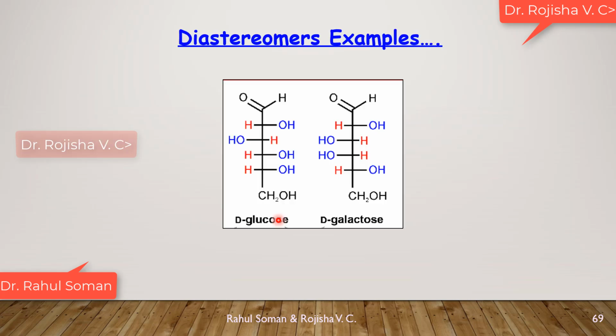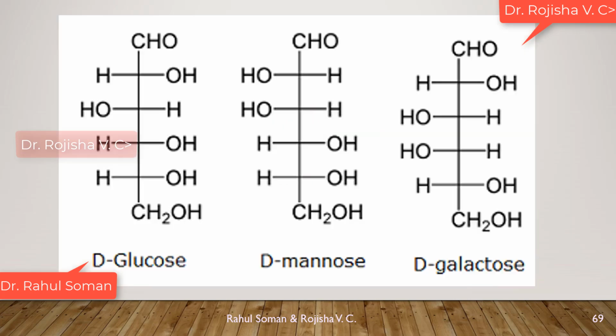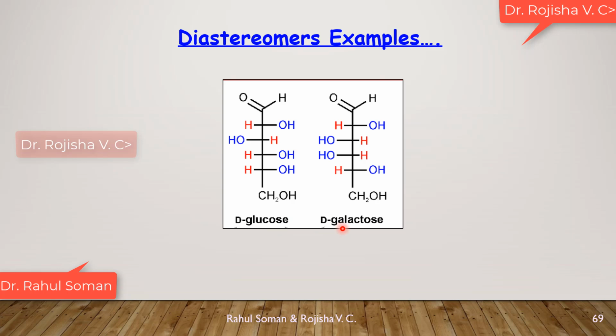Here we have D-glucose and D-galactose. These are diastereomers of each other. Actually, for glucose, there are three; D-mannose is also there, which we are not speaking of now. So D-glucose and D-galactose are diastereomers of each other. Glucose and galactose are not mirror images. You can look at the first carbon, not the second carbon.